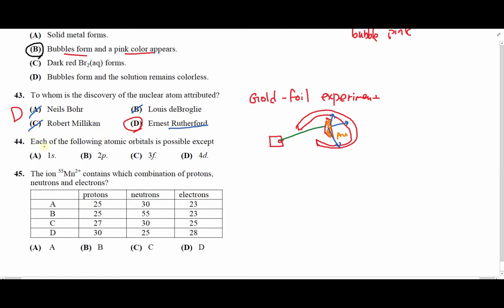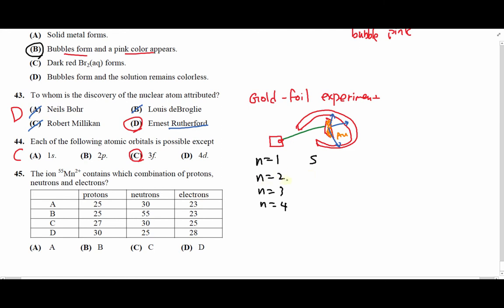Number 44. Each of the following atomic orbitals is possible except, okay, you never see 3f. Why? Let me show you. I have n equals 1, n equals 2, n equals 3, and n equals 4. For the principal number of 1, I can only have s orbitals.